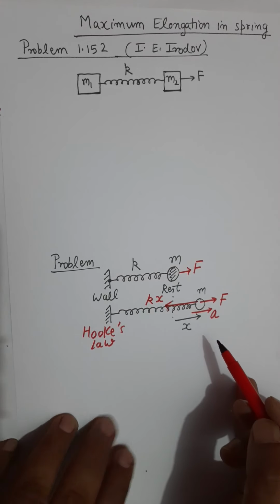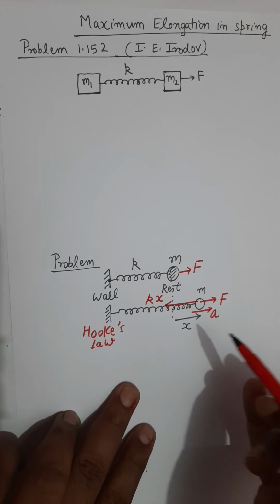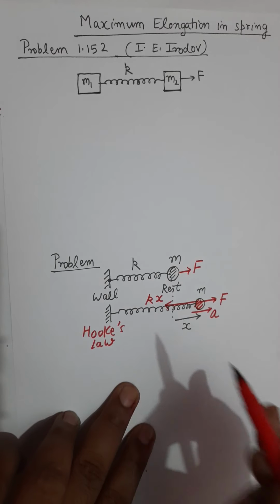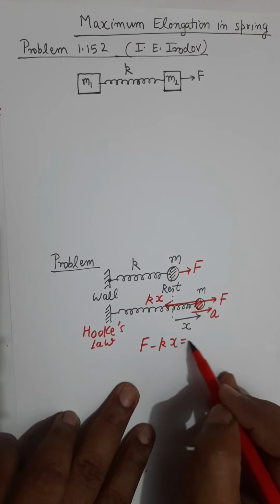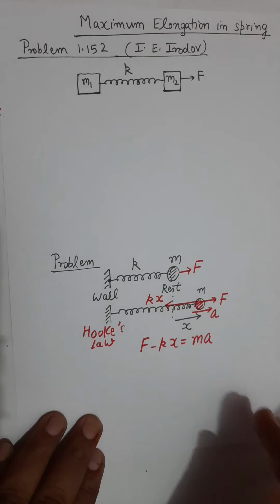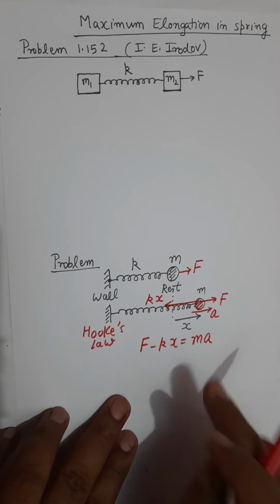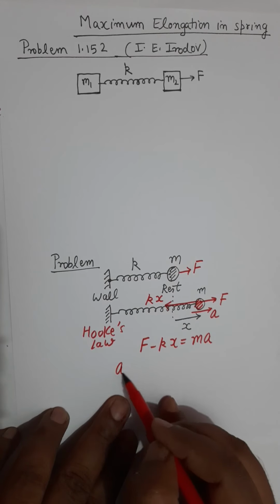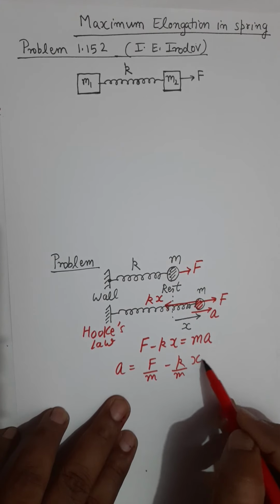Now if you write Newton's second law, F equals ma, for this mass m, which has force F on the right side and Kx on the left side, you can write F minus Kx equals m times a. Through kinematics you can convert this a. I will bring down m and write a equals F over m minus K over m times x.